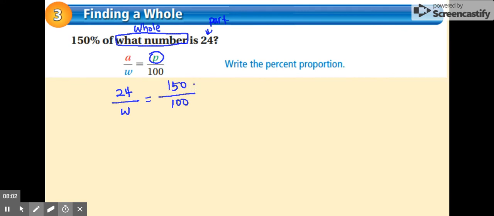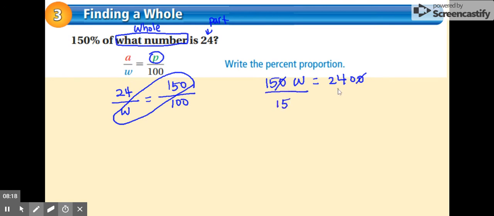So now let's just multiply, cross multiplication. So it's going to be 150W is equal to 2400. And now you can just simply divide by 10 first and divide by 15. So let's divide 240 by 15. W is equal to 16.